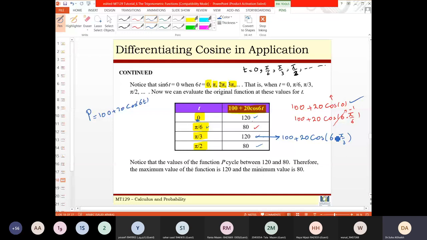Cosine 2 pi is equal to 1, so this will be 100 plus 20, which is 120. The 80 happened because it became minus 1, so it became 100 minus 20, which is 80.